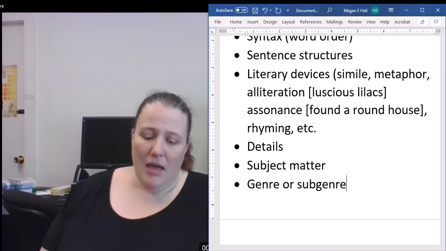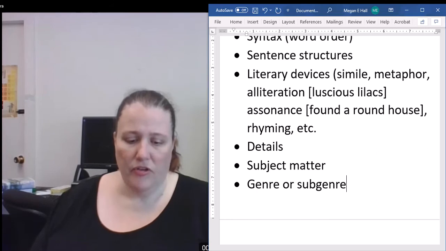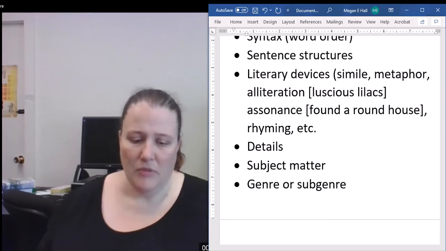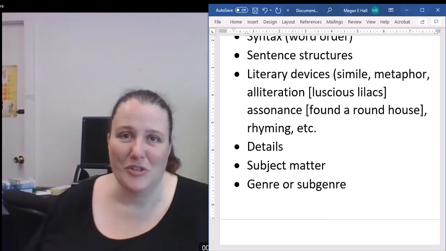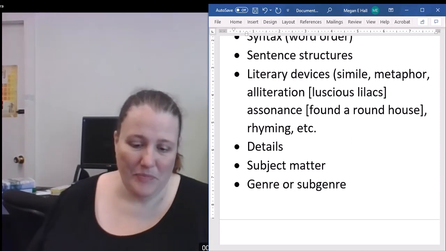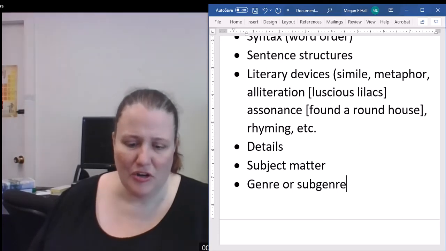What I mean by that is that there are certain conventions of different genres. So if you think about some of the genres: Western, mystery, romance, science fiction, fantasy, science fantasy, those types of subgenres of literature.